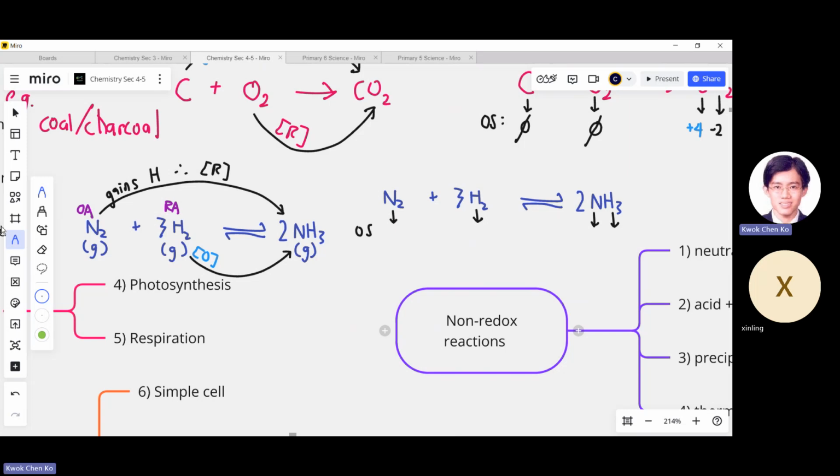All right, look at rule A. Do I have any elements? Yes, I do. N2 is an element, so 0. H2 is an element, 0. Look at rule C. C for cat.